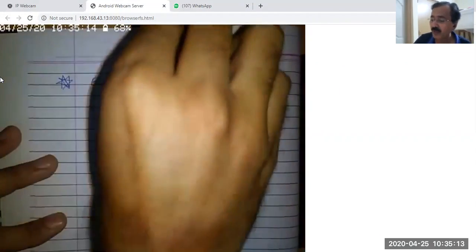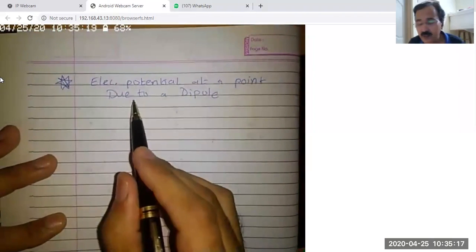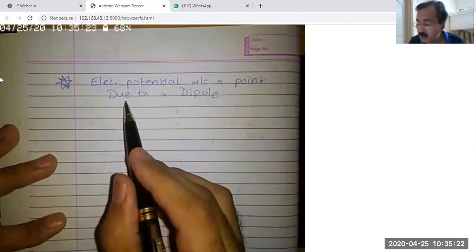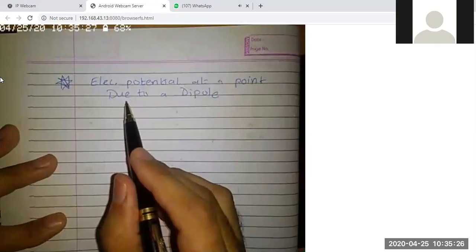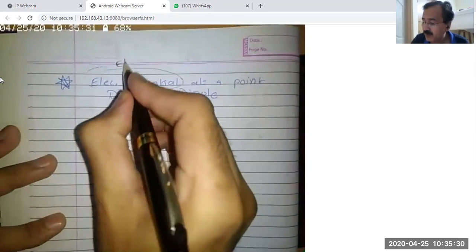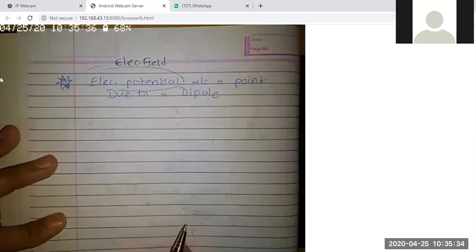Again, this is somewhat similar to one of the questions that we did in chapter 1, except instead of potential, there it was electric field.